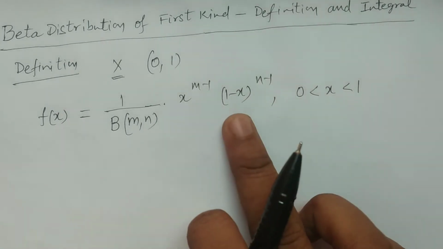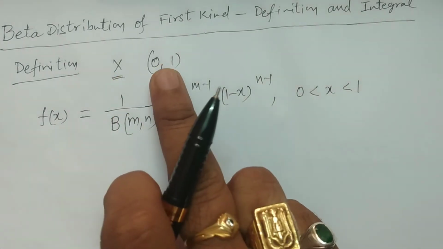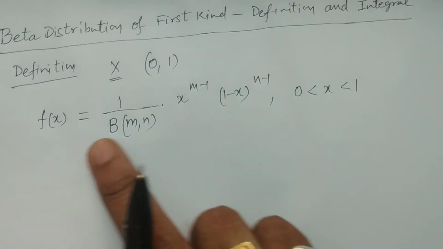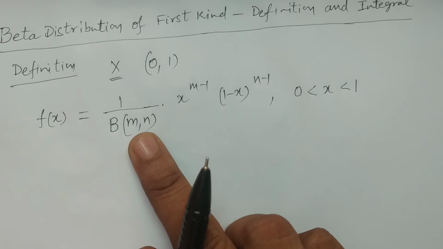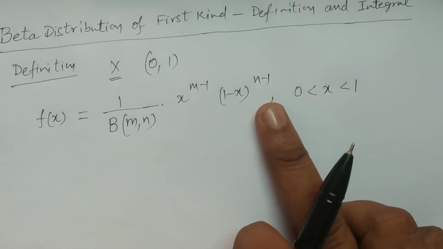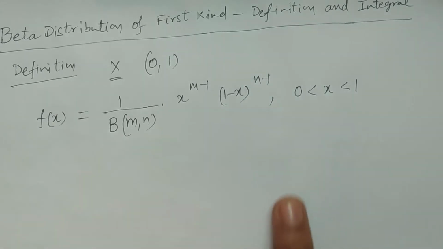So if the continuous random variable x in the limits 0 and 1 has the probability density function f of x equal to 1 by B(m, n) times x power m minus 1 into (1 minus x) whole power n minus 1, then such a random variable is known as beta distribution of the first kind.